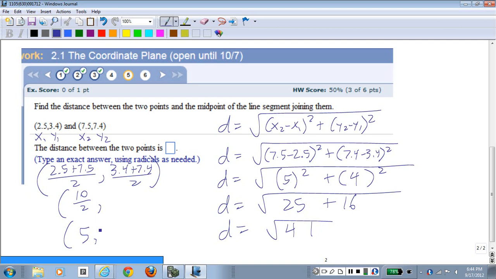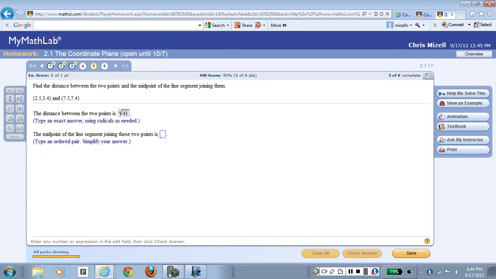For the y's, 10.8, that's not terrible, I guess, over 2. It would have been terrible if I left out the 2. 10.8 divided by 2 equals 5.4. There we go. So it looks like 5.4 is the midpoint here. Sure, and include the parentheses.